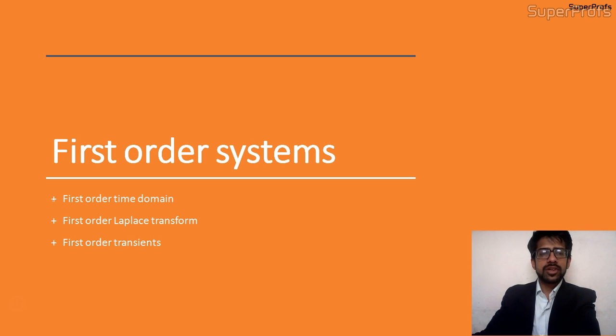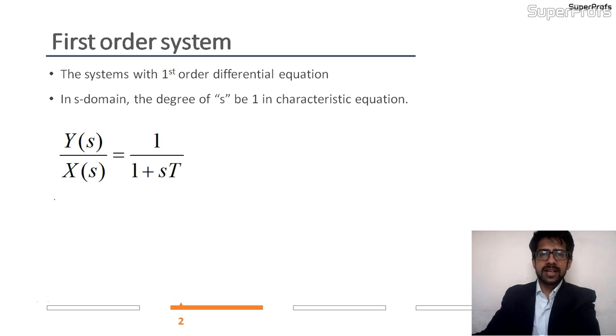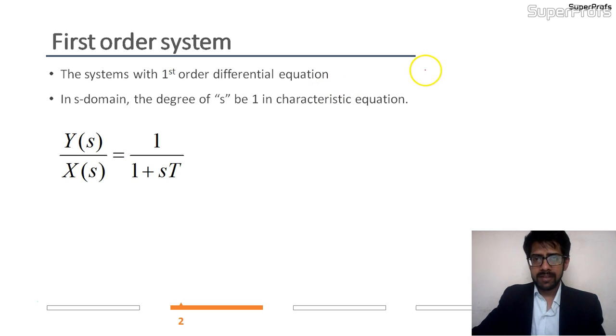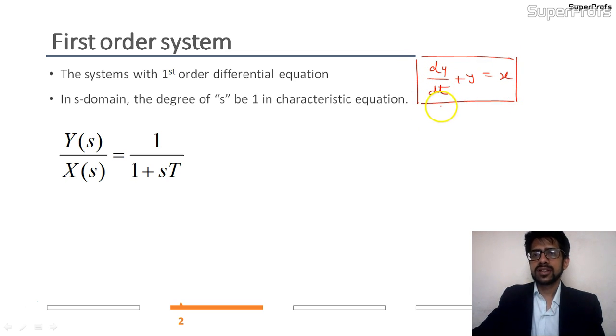Moving on to first order transients, we will start with the first order system basics. So a first order system is nothing but the first order differential equation containing system. So say if you have a differential equation as dy by dt plus y is equal to x, then this system is known as first order system because the order of this system is 1.